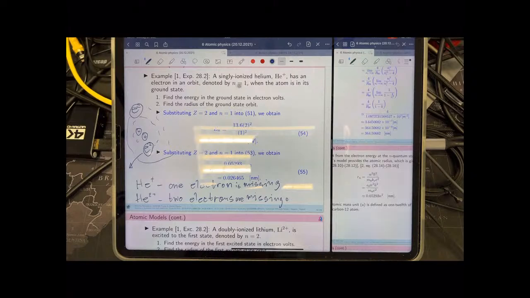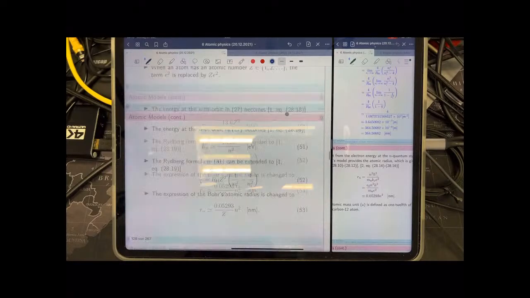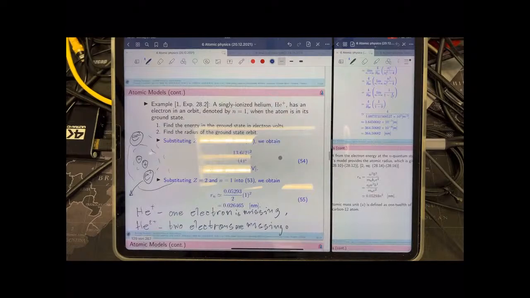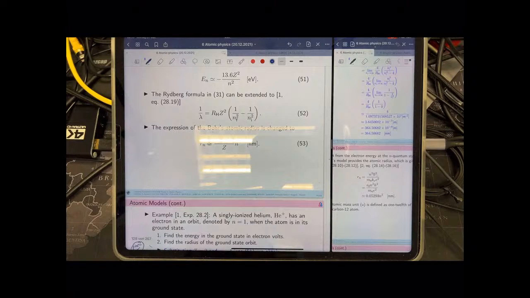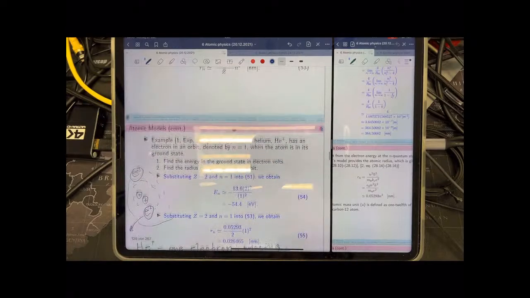It corresponds to n equal 1, and that's the quantum number, number 1. Find the energy in the ground state in electron volts. That's this expression, right? 51. And find the radius of the ground state orbit. So they asked us about these two quantities only, 51 and 53, right?